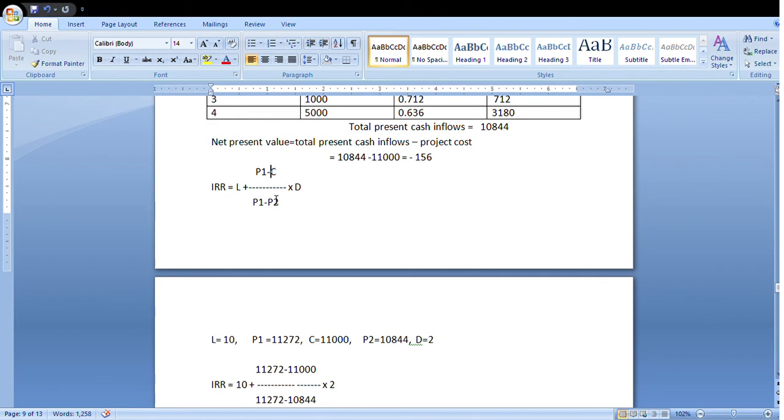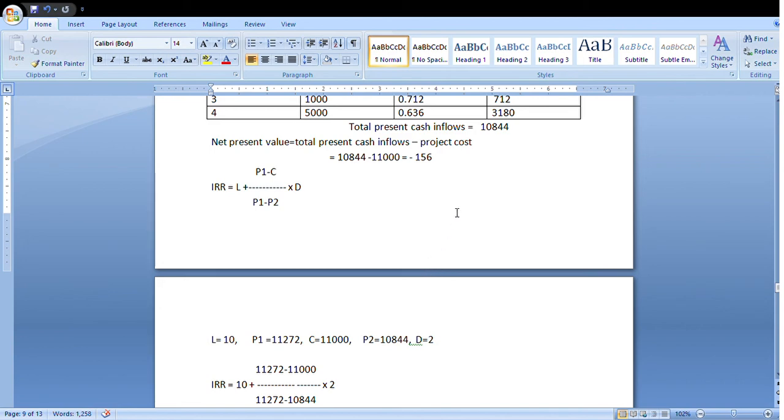P1 is the present value at the lowest discount rate. C is the project cost. P2 is the present value at the highest discount rate. D is the difference in discount rates.